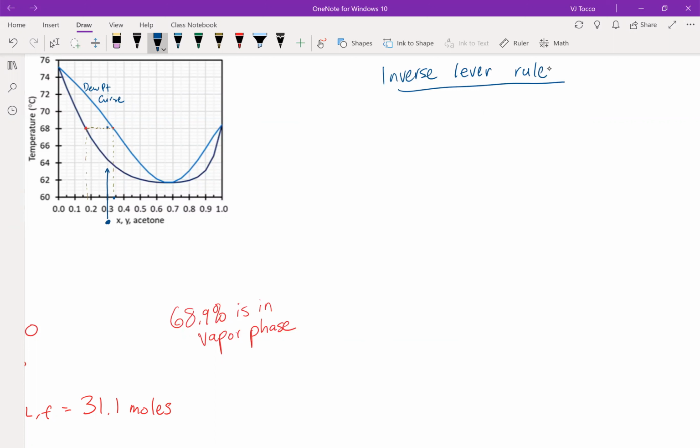What variable should I use for the fraction? I'm going to say moles vapor over moles total is equal to alpha over alpha plus beta, using these Greek letters. That's oftentimes how you see this rule laid out.